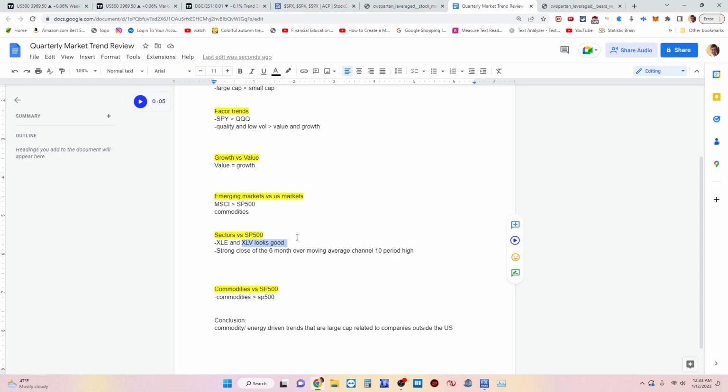U.S. defense looks good, and that relates to commodities and materials and value-based stocks like Boeing or Lockheed Martin. So those trends look like a good 10-year plus portfolio that could be made.